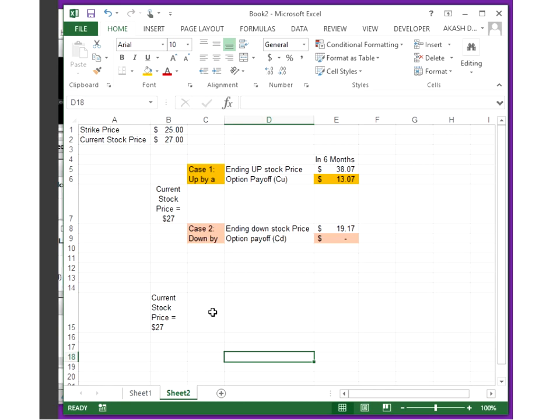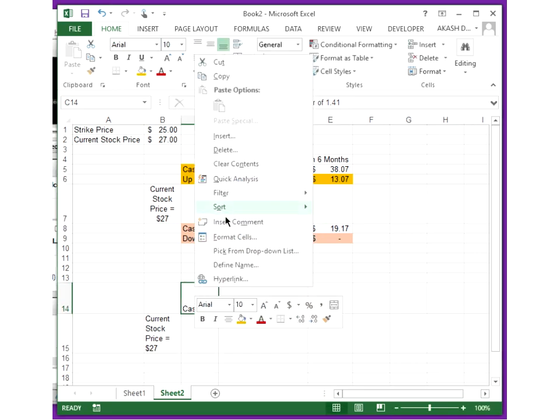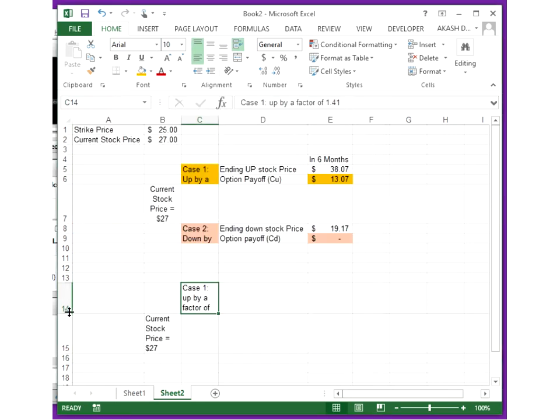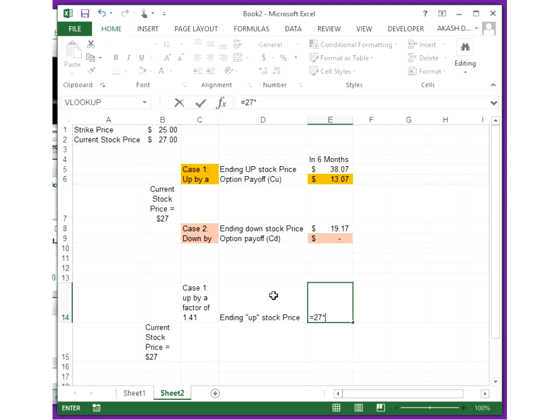So in this case, if we are looking at case 1, that is up by a factor of 1.41, then your ending up stock price is price multiplied by the factor.